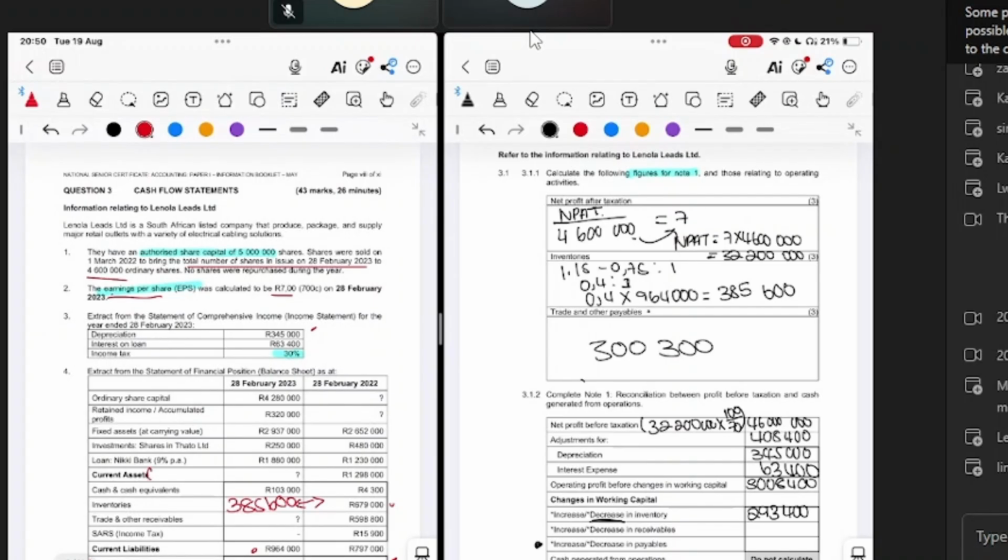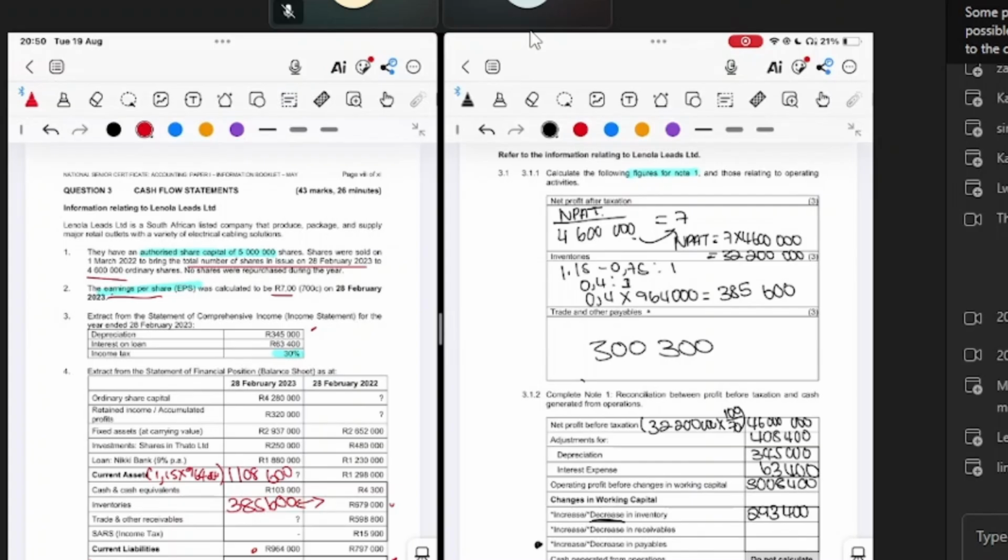So 1.15 times our current liabilities of 964,000 gives us a total of 1,108,600.